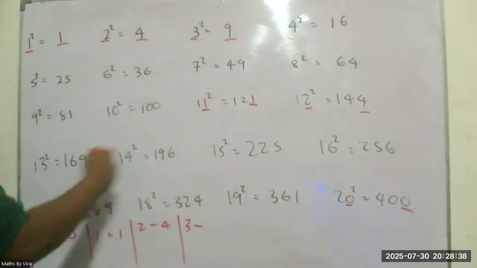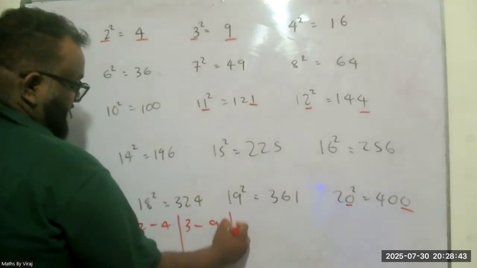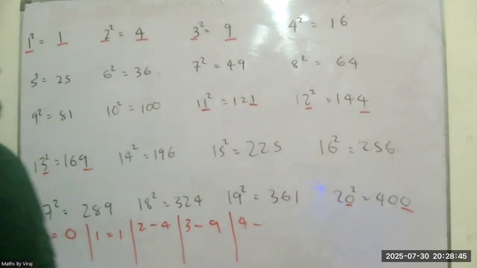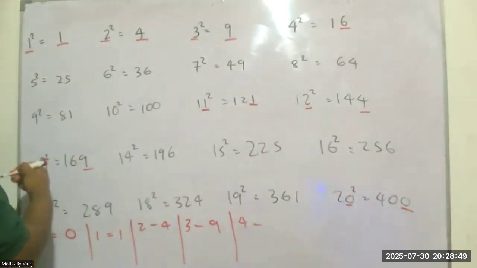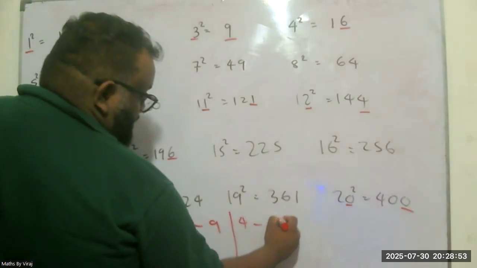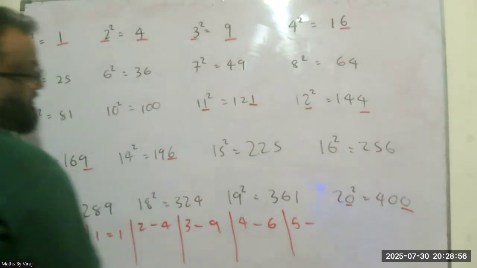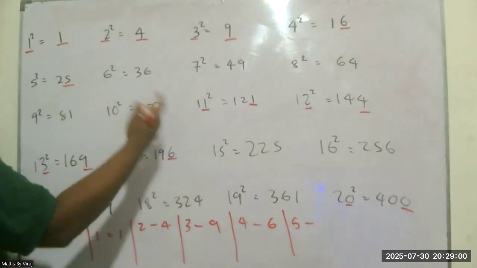Even 13, 3, it ends with a 9. 4, what does 4 end with? 6. Where is 14 now? 6. 5 ends with a 5. 15 is also what? 5.